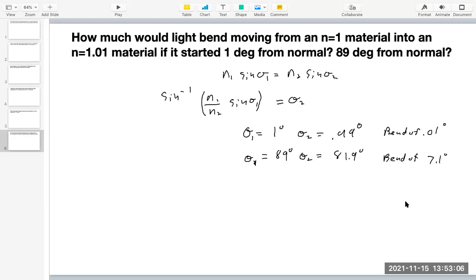But if you have small angles, it doesn't usually change much, and you get much more dramatic changes in angle the closer you get to tangent to the surface and the farther you get from normal.